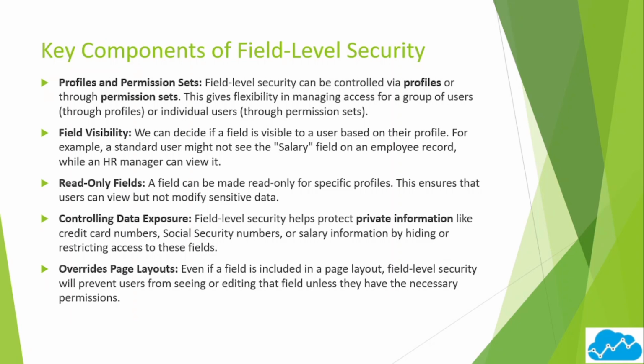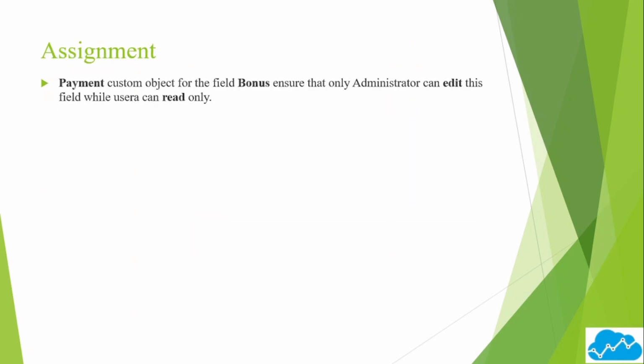Today's assignment is: we have a payment custom object, and on that custom object we have a bonus field. On this payment object we have many fields, and among them there is a bonus field.